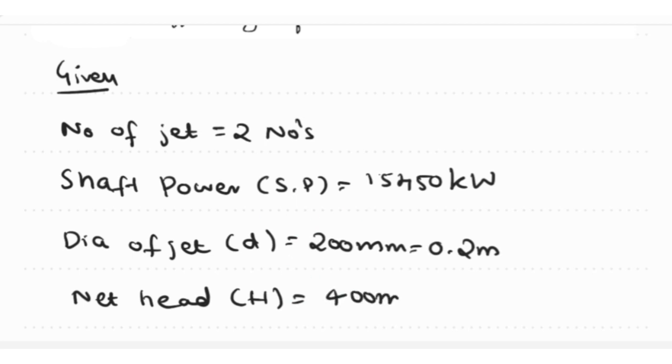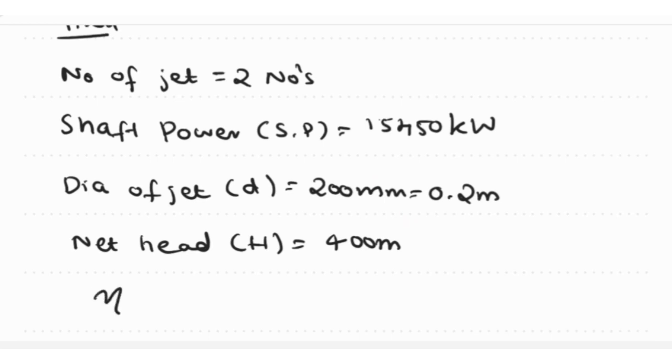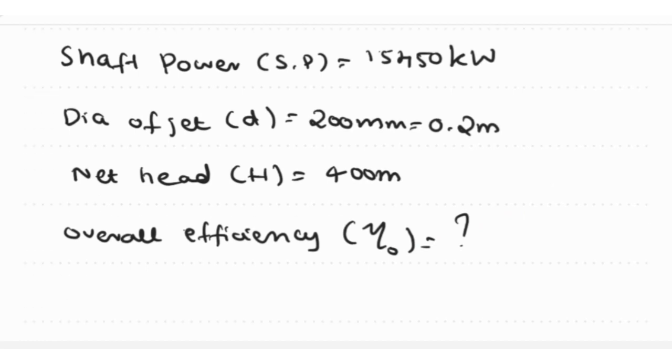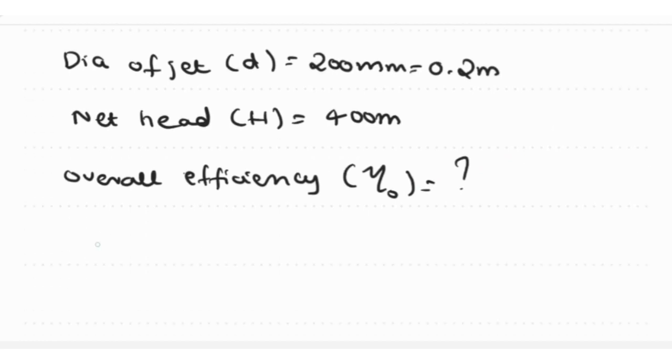So we have to calculate what is the overall efficiency, eta naught, equal to question mark. So we know that overall efficiency eta naught is equal to output divided by input.